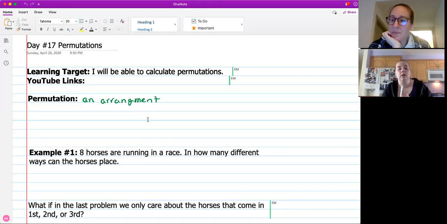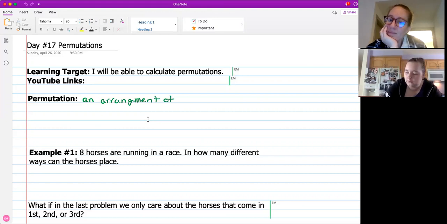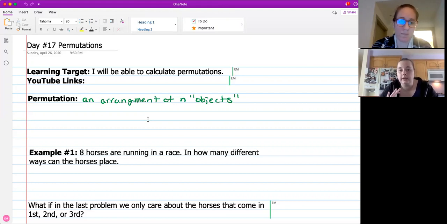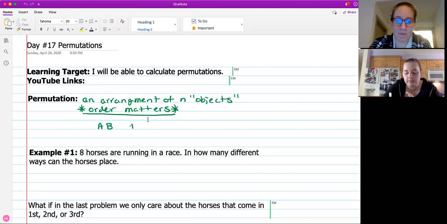The big thing to remember, especially when we get into Thursday and you have combinations and permutations and all the different things together, is that with a permutation, order matters. It matters if you have A, B or B, A.